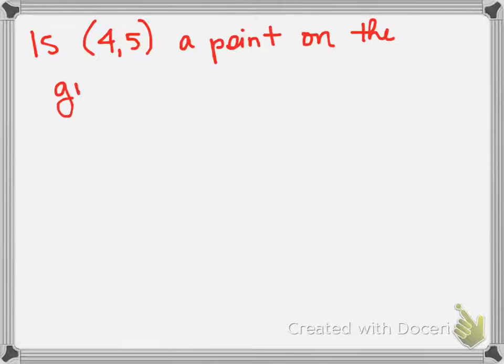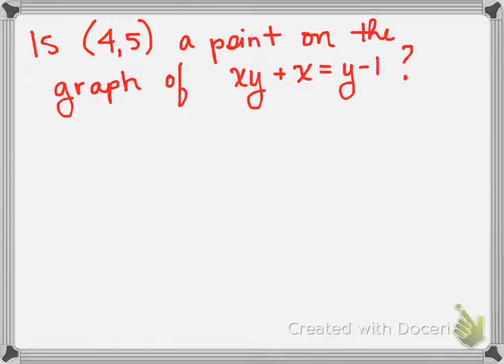So let's try another one. Is (4, 5) a point on the graph of xy plus x equals y minus 1? This would be a good time for you to pause the video and try it yourself and see if you can answer this question before I do. I am going to go ahead and check. So my check is, if I substitute 4 for x and 5 for y, do I get a true mathematical statement?